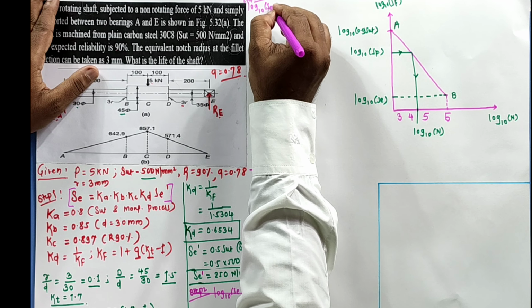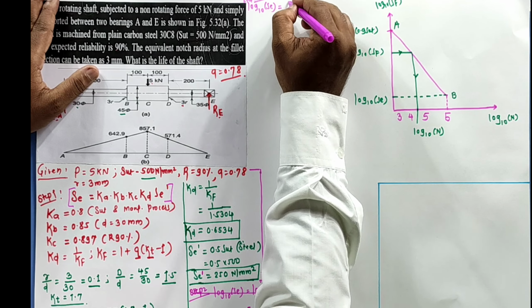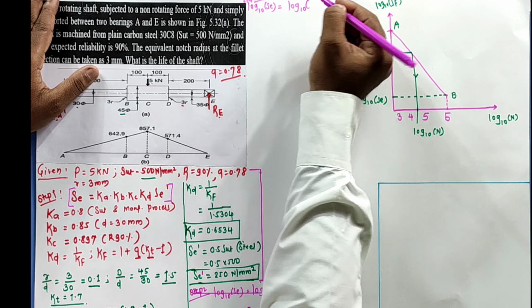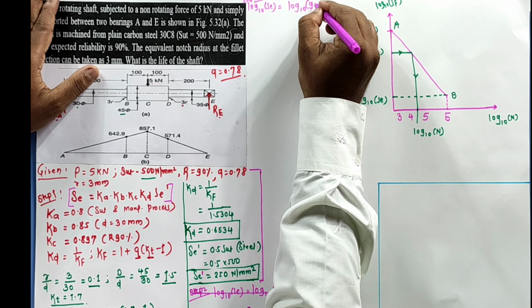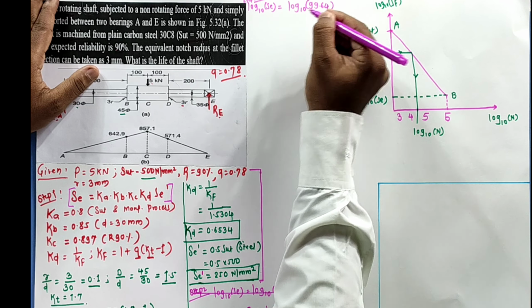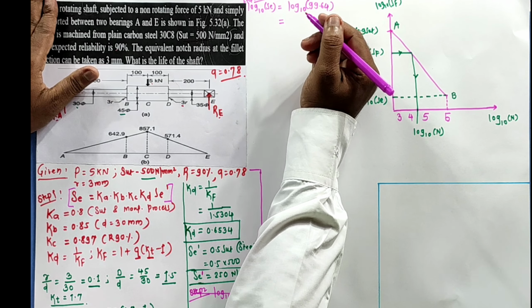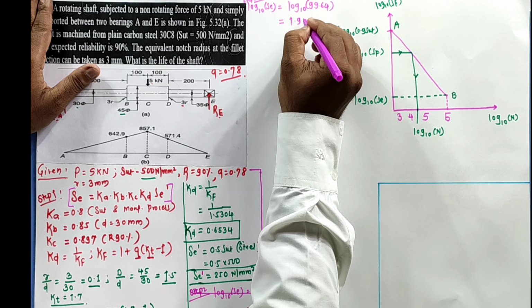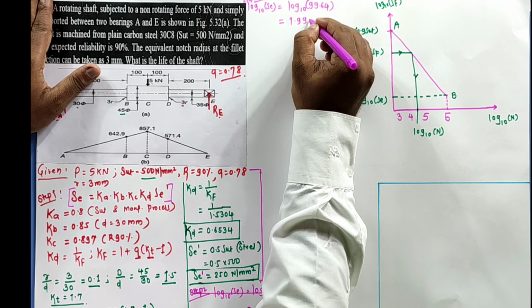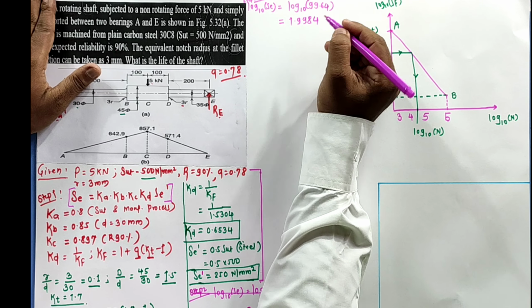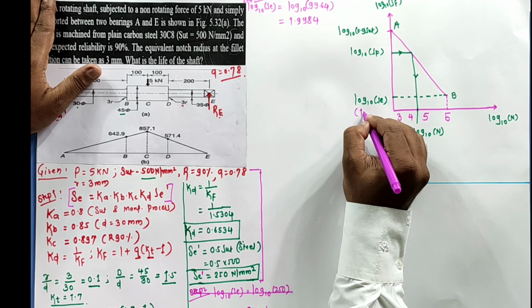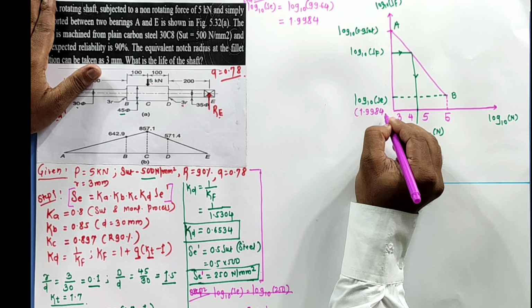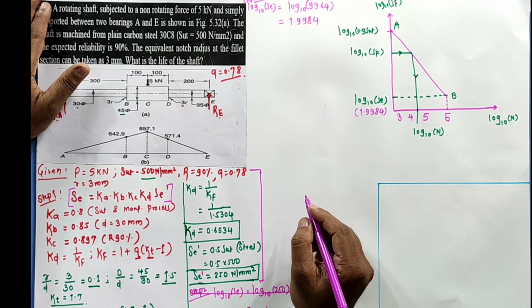Log of base 10 SE is equal to 99.64, which is equal to. So after doing this, I'll get SE is 1.9984. So I'll write here 1.9984. First value we have got.